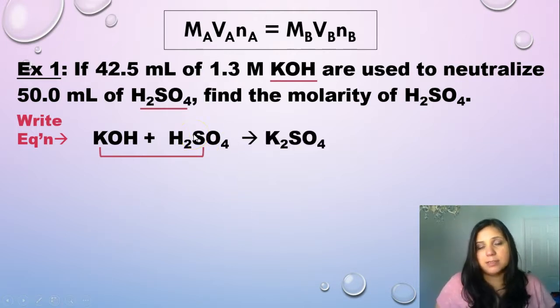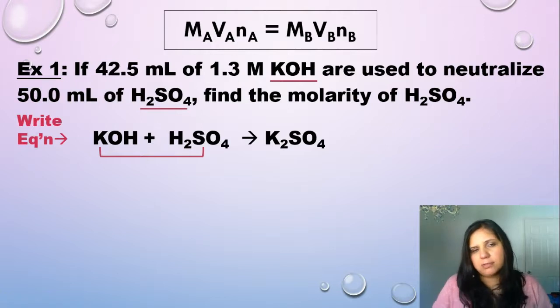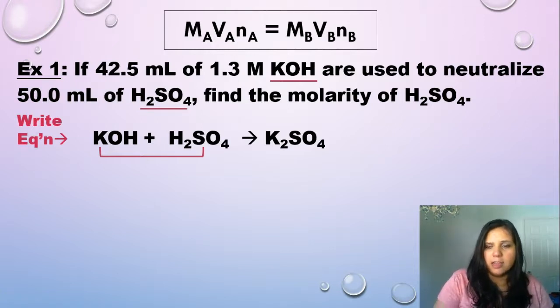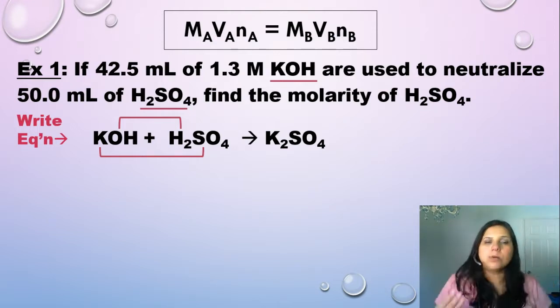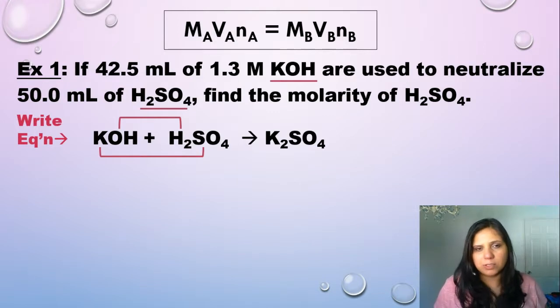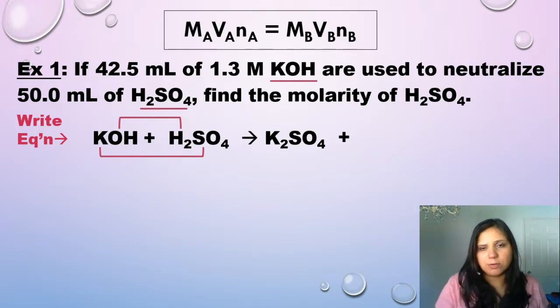Okay, so it's K2SO4. And then of course we have the hydrogen with the hydroxide. Now it's always going to form a salt, which we just took care of, and water. So don't try to make weird funky formulas like H3O. That's not what we're looking for. We're looking for H2O. It's got to form water.